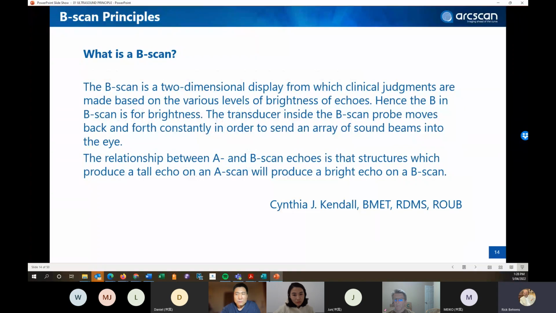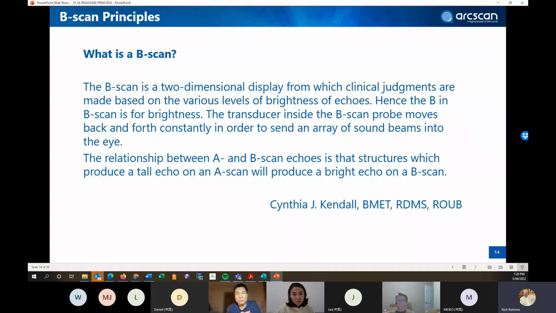Now, what's B scan? This is important because this is what we are working on. B scan, B is for brightness. The whiter it is, the more solid the structure is. The darker it is, there is either nothing or there is blood, I mean, it's different.